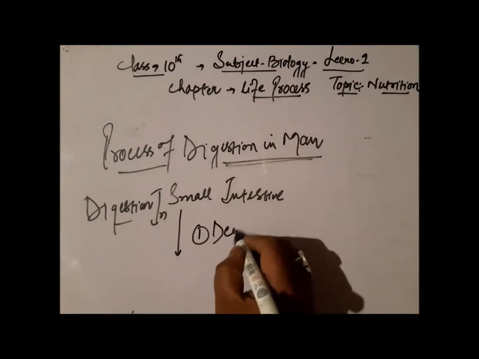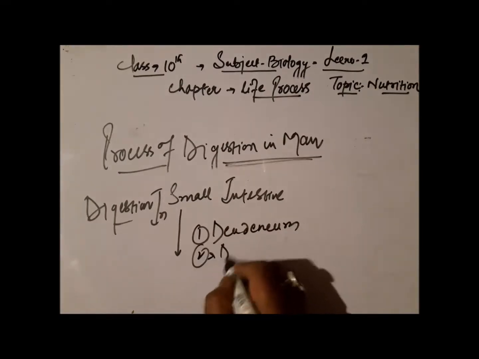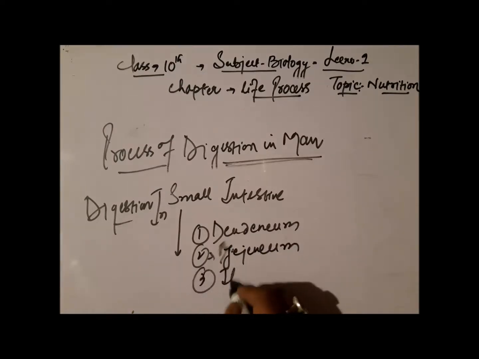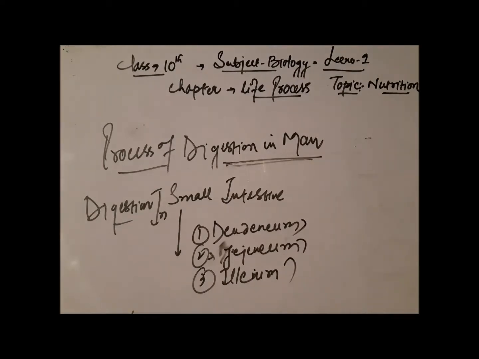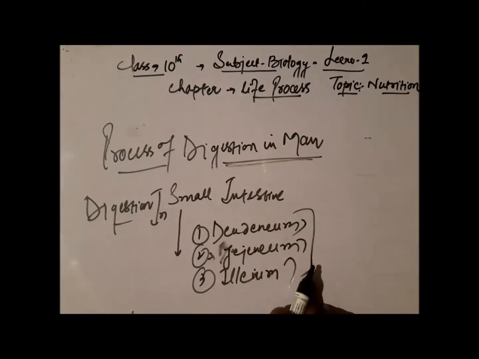One is the duodenum, number two is the jejunum, and number three is the ileum. First part, second part, and third part. As far as digestion and absorption of food is concerned, digestion gets completed in the small intestine, and the food is also absorbed in the small intestine.